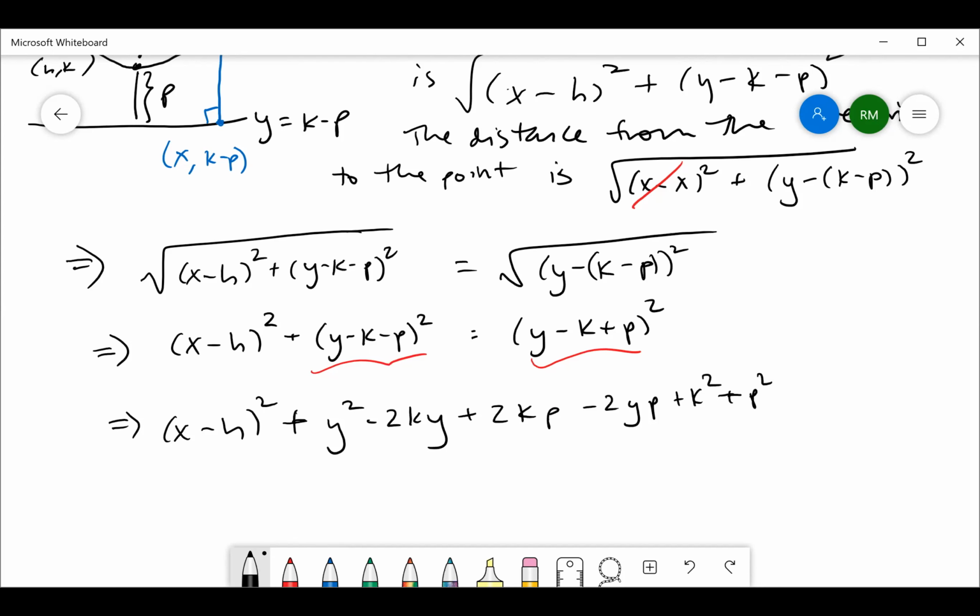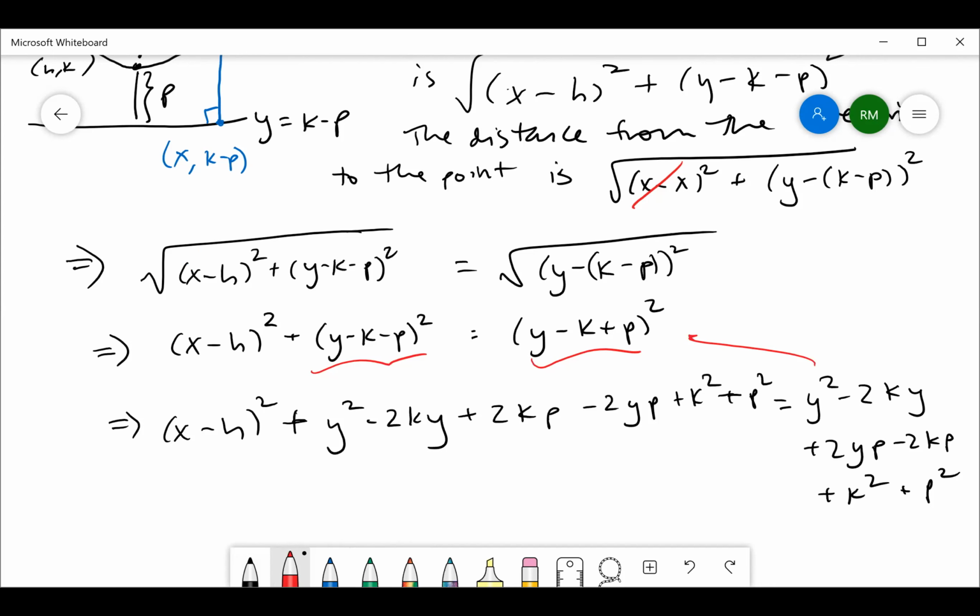And this should equal the expansion right here, which is y^2 - 2ky + 2yp - 2kp + k^2 + p^2.